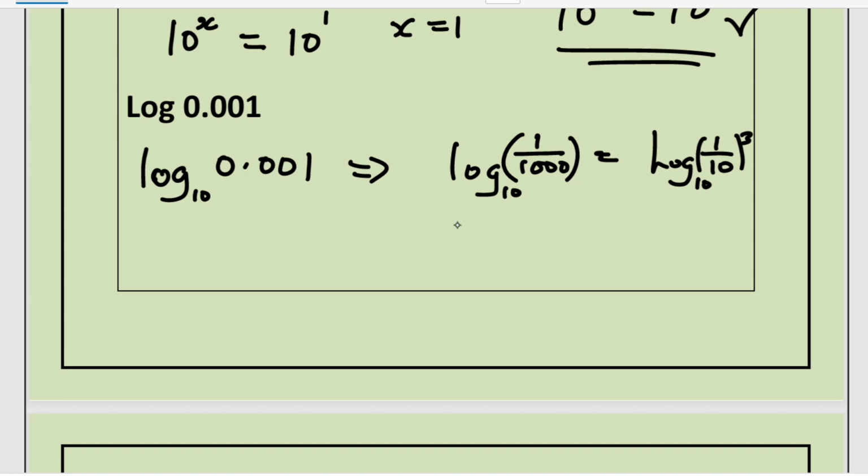So therefore this will be same as 10 to power negative 3, which is the same as 1 over 10 cubed. So it will be 10 to power negative 3 is equal to 0.001.